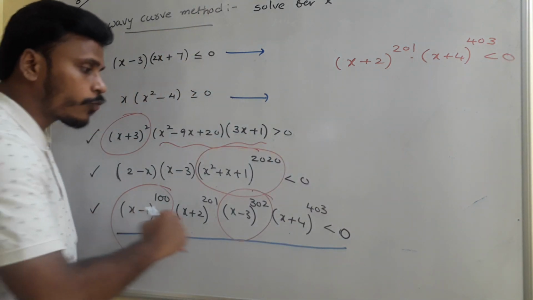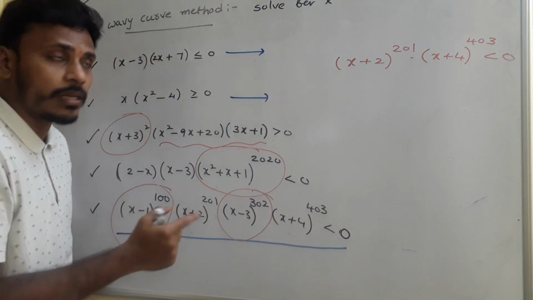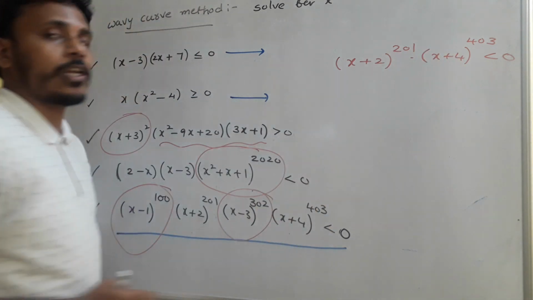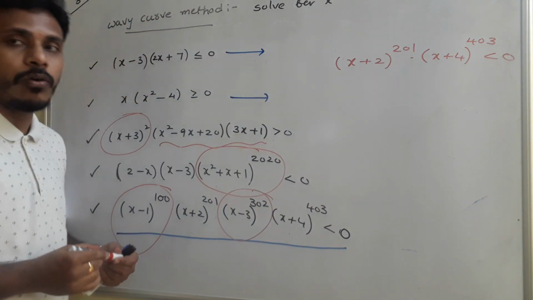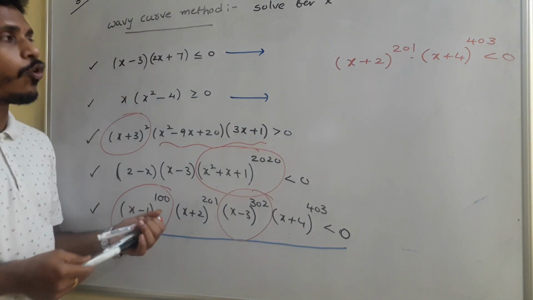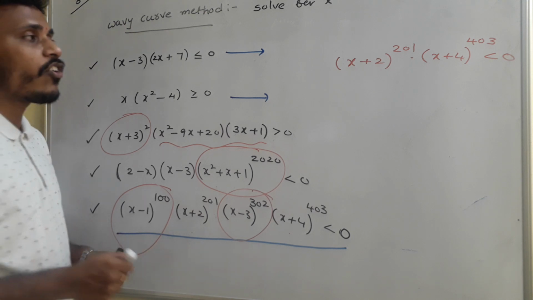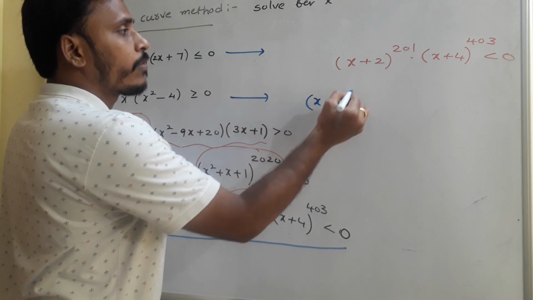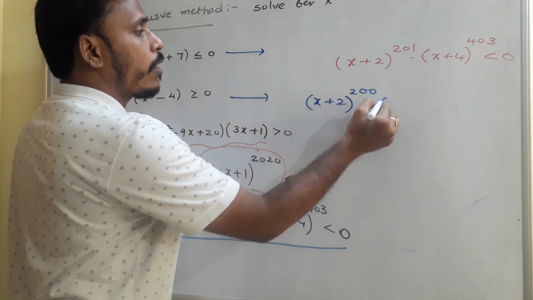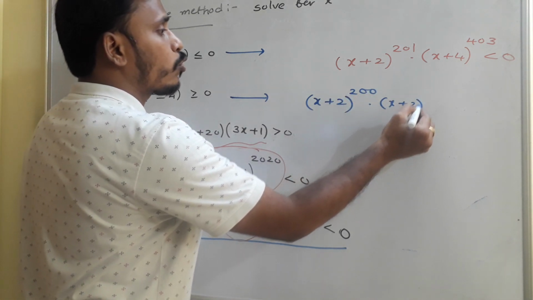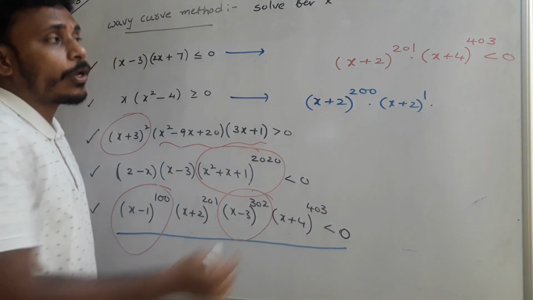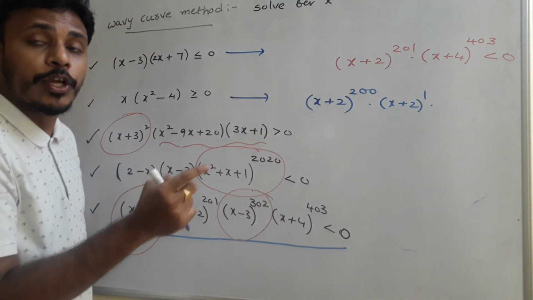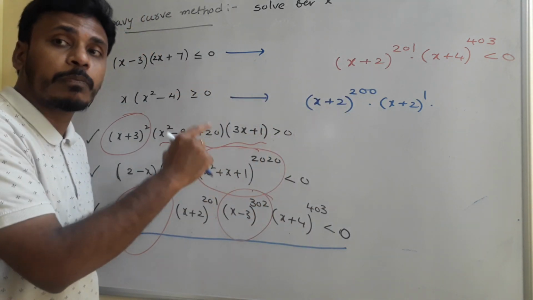Solutions for this problem are simply nothing but solutions for this particular problem. And now power 201 and power 403 are there. I will rewrite it like this. Just have a look. This is the magical step actually. x plus 2 to the power 200 into x plus 2 to the power 1 I will write, because the power is an odd number, you just write it as an even number plus 1.